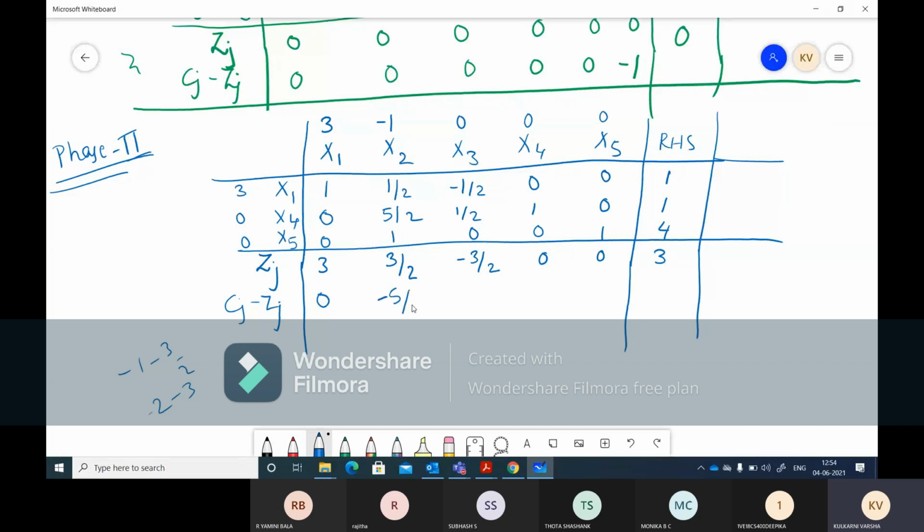Correct, minus 5 by 2. Then 0 minus 3 by 2, so this will be 3 by 2. Here this is 0 minus 0, 0 minus 0. And this value we already got.